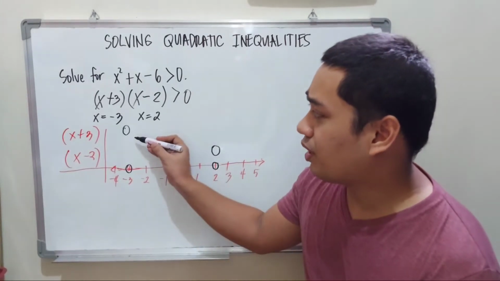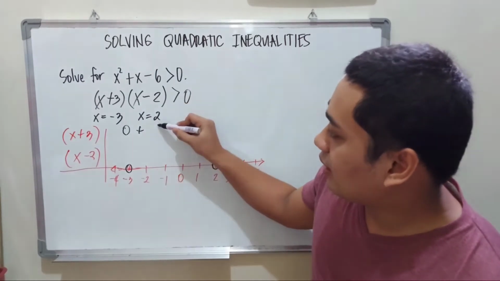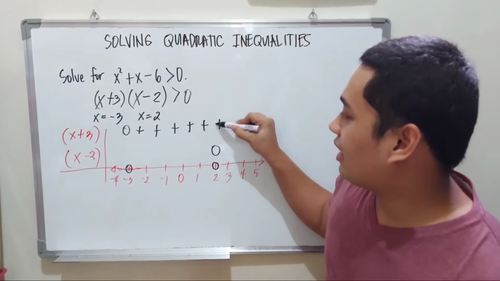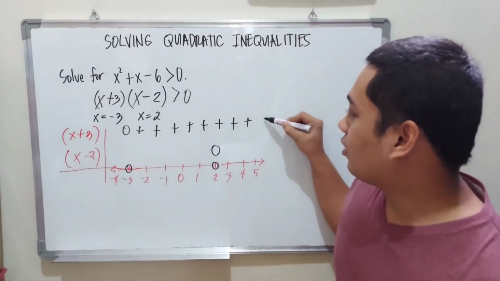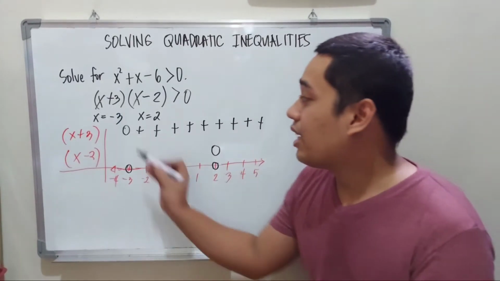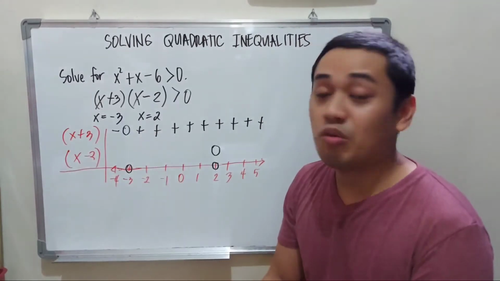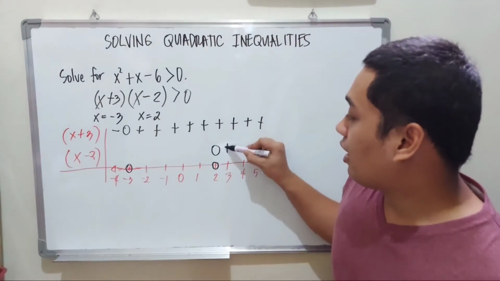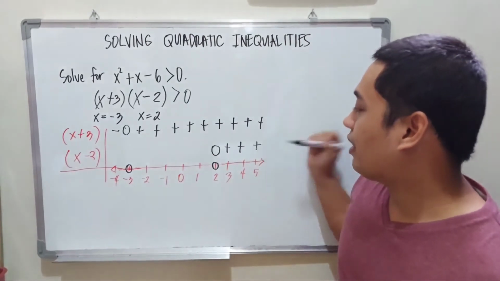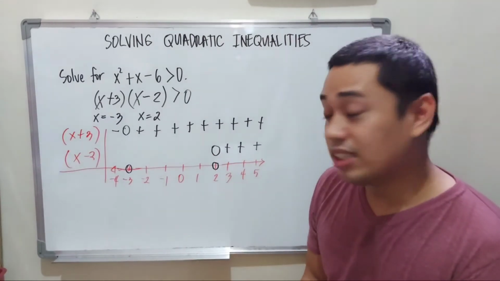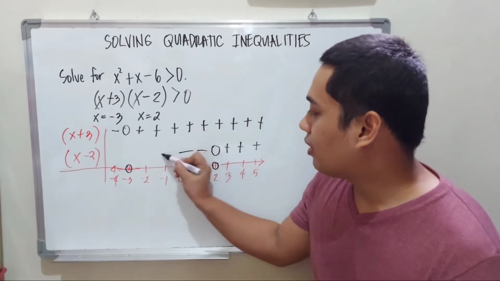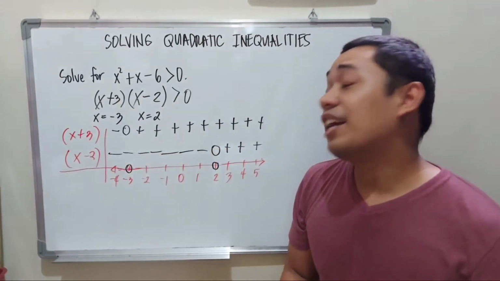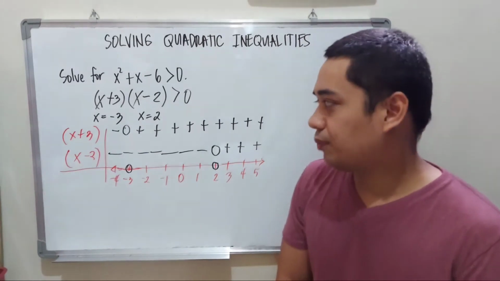So, for our first case, lahat daw ng mga numbers na matatapatan ng nasa kanan ng 0 will be positive at lahat naman nung nasa kaliwa ay negative. Ganun din sa ating second factor, lahat ng numbers na matatapatan sa kanan magiging plus at lahat ng numbers na matatapatan sa ating kaliwa ay magiging negative numbers.